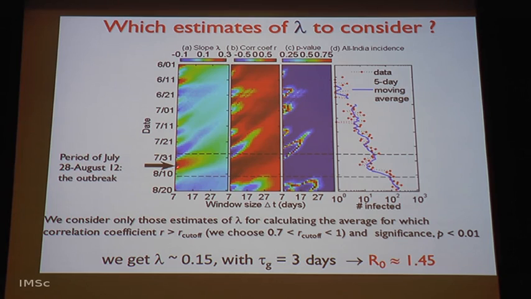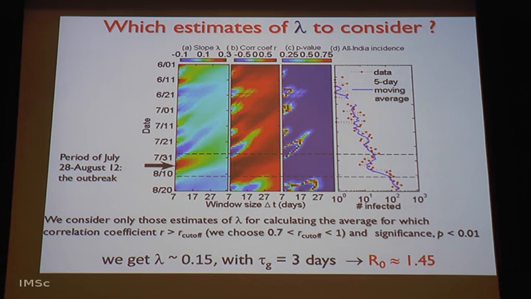So our motivation is to find the slope where the correlation coefficient is higher and at the same time the p-value is low. And this happens to be here, during the period from end of July to starting period up to the 8th, I think.